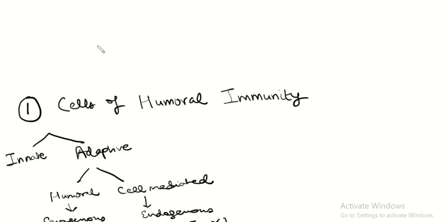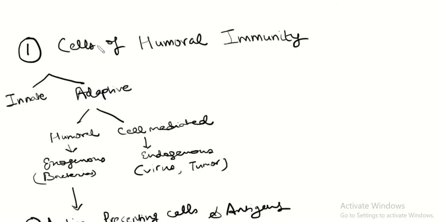So let's talk about the cells that are part of the adaptive immunity. And we are first going to look at cells that are part of the humoral arm of the adaptive immunity. So just to recap, remember immunity is innate, adaptive. Within adaptive, you have the humoral immunity, which is the immunity which helps us deal with exogenous or extracellular debris like bacteria.